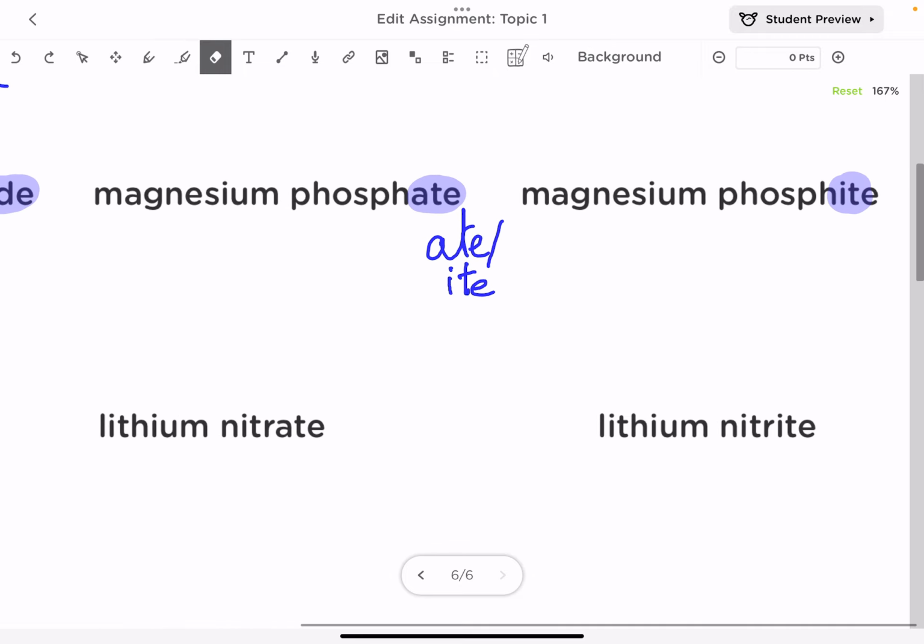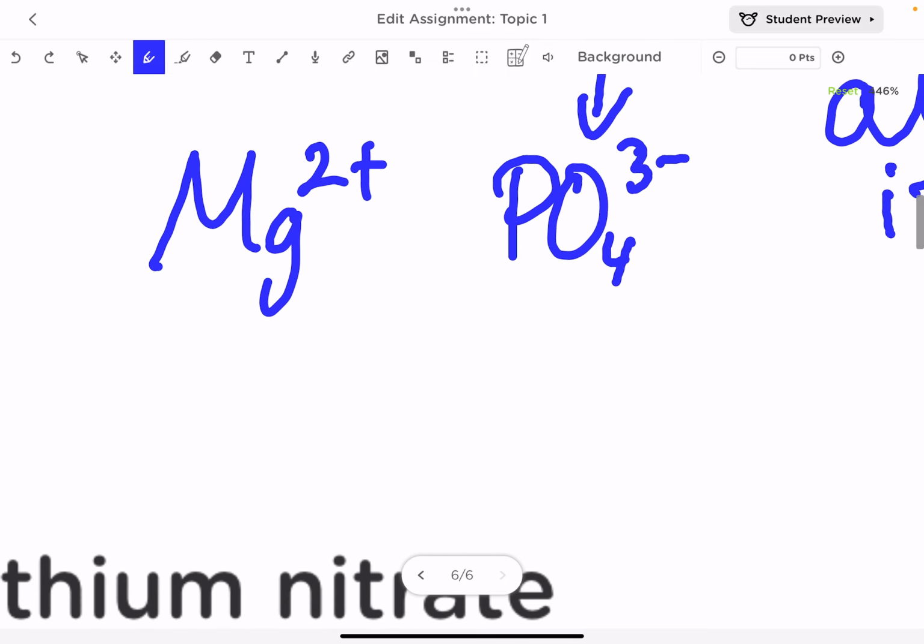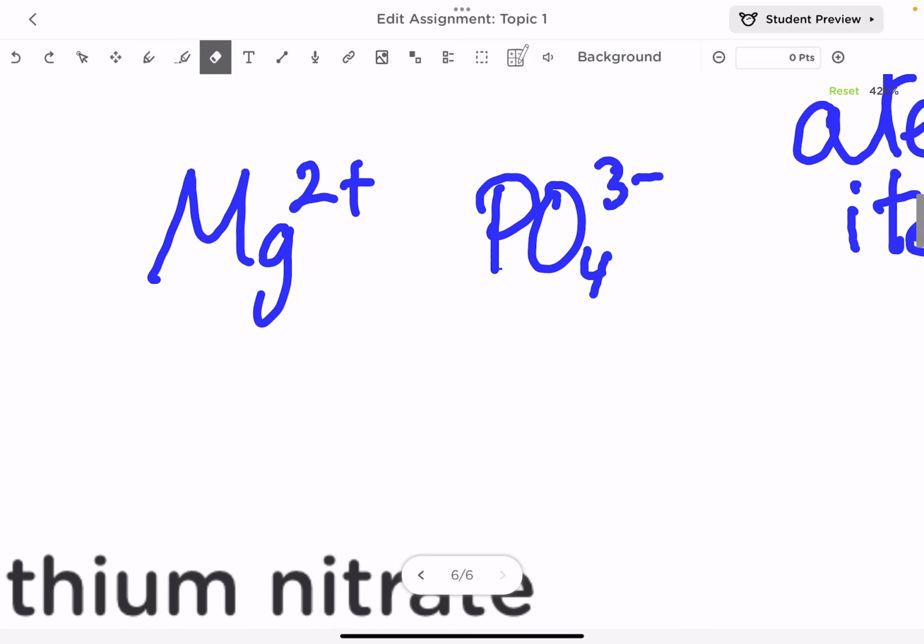Now, when you have magnesium phosphate or magnesium phosphite, all you need to know is the formula of phosphate. Phosphate is the PO4 3 minus, while phosphite is the PO3 3 minus, and magnesium will remain as it is, Mg2 plus. Now, following the X rule, the charge that you have, you will write it as a subscript and then erase it from here along with the minus.